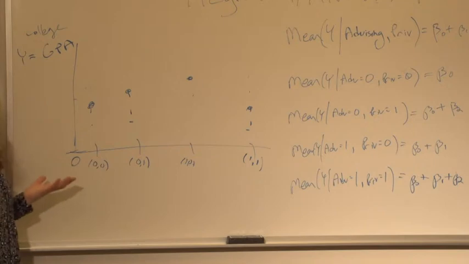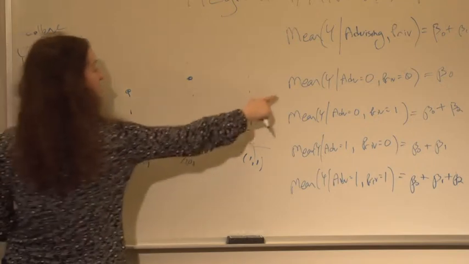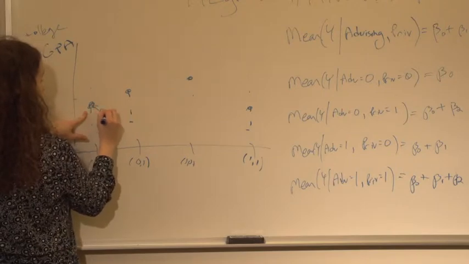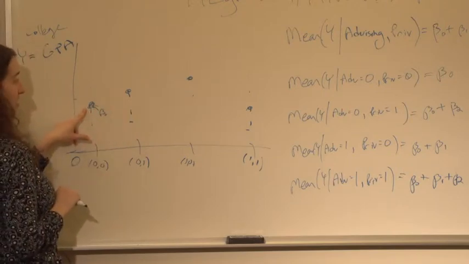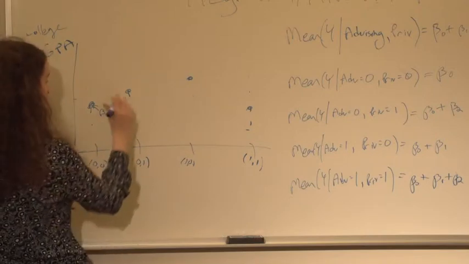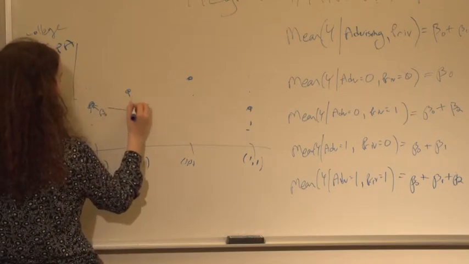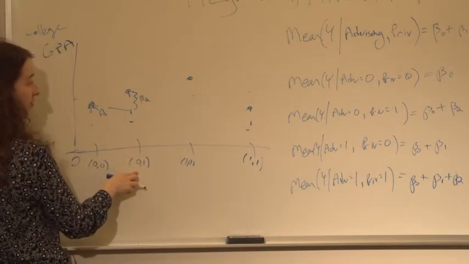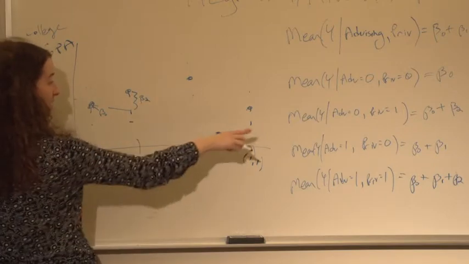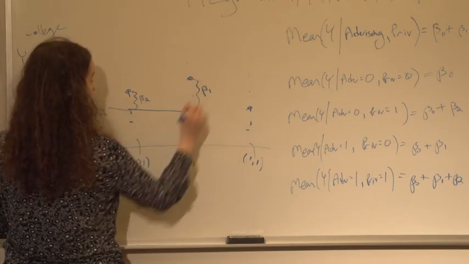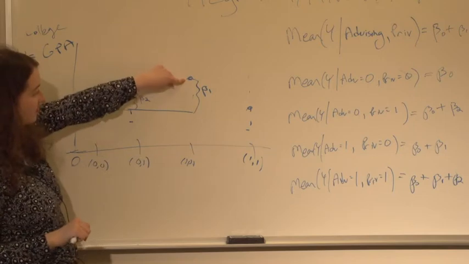And so following the format we've been using in other circumstances, this is beta 0, my estimate of the mean in the 0, 0 group. Beta 2 is going to be the difference between that baseline and the mean in the 0, 1 group. And beta 1 is going to be the difference between that baseline and the mean in the 1, 0 group.